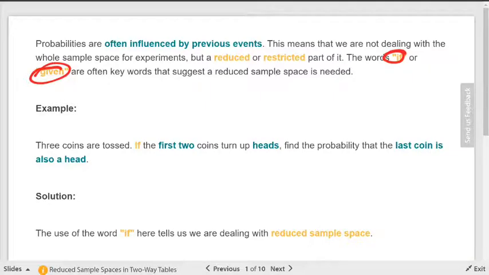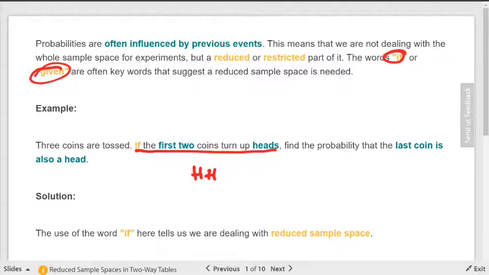So 3 coins are tossed. If the first 2 coins turn up heads, find the probability the last coin is also a head. So you see there's a condition on there, isn't there? That the first 2 coins had to be heads, right? So we're looking for a probability where the first 2 coins are heads. That we can't change.